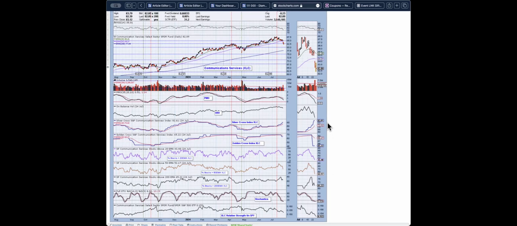And I wouldn't be surprised to see a bearish bias pop up on comm services very, very shortly. You can see that the sector is underperforming the S&P right now. And looking at these participation numbers, I just don't see anything here to push the sector higher.